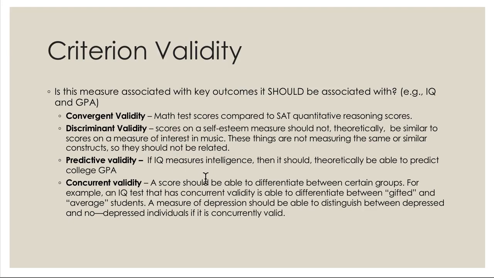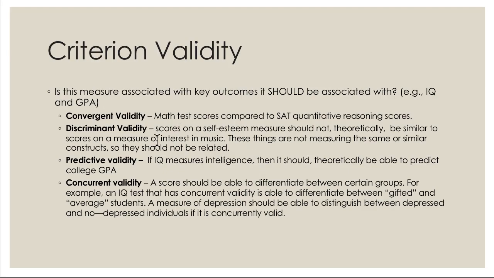Now, discriminant validity is a little different. Scores on a self-esteem measure should not theoretically be similar to scores on a measure of interest in music. They have nothing to do with one another. So they should not be measuring some other part of some construct that doesn't relate. Okay?